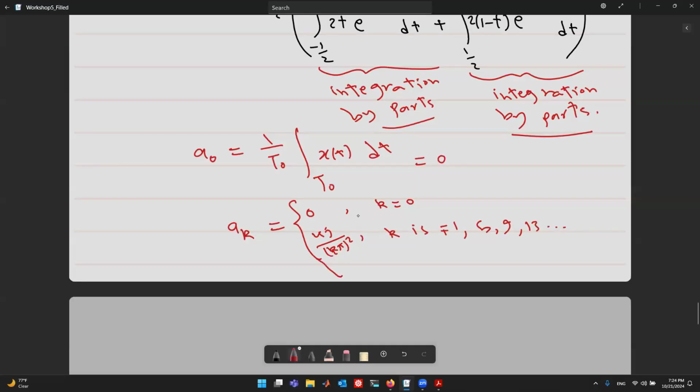And it will be minus 4j divided by k pi squared when k is plus minus 3, 7, 11, and so on, the rest of the odd numbers.